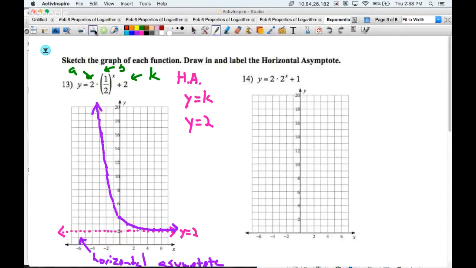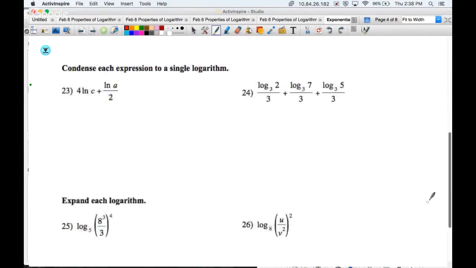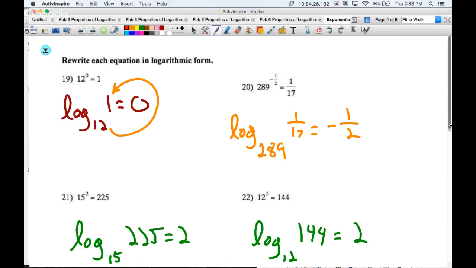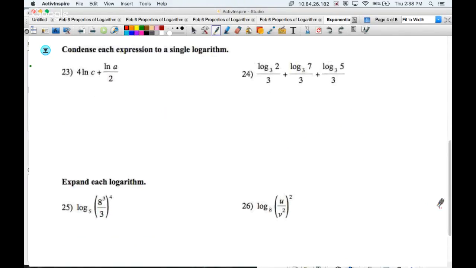All right, we have these problems at the end. Condensing and expanding. And this problem, number 23, uses the natural log. All of our properties of logarithms are going to be the same, though. It's just log base e, but the base of the log doesn't matter. We can still do things like taking that 4 and making it the exponent on c.